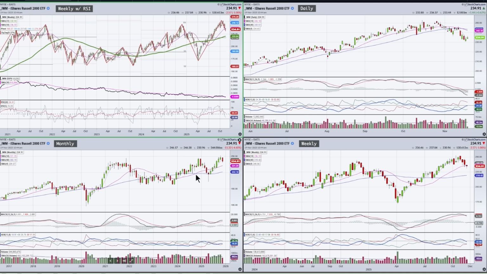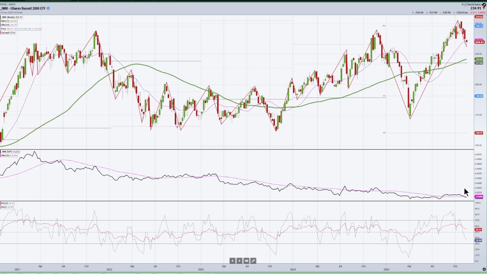Let's take a look at the IWM here. I just like to keep watching this. It gives us an idea of the broader market, and if we're going to see some expansion, I think it's going to show up here. One of the things I'm watching, and it kind of puts this on hold now, is this relative strength line. I can draw in a trend line here, and it's trying to turn.